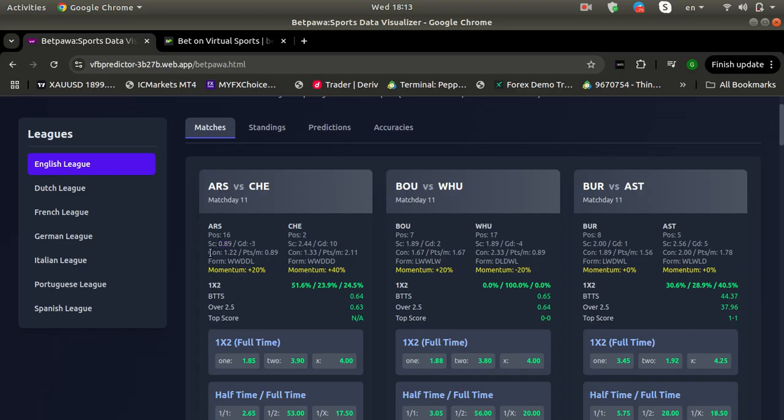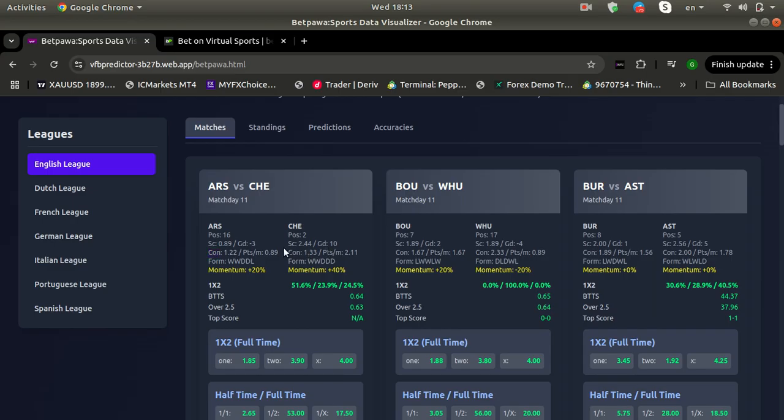Here we have this con, it's for conceded. Do you know what conceded is? It's how many goals a team gets scored against it. Arsenal concedes 1.22 goals per match, while Chelsea concedes 1.33 goals per match.